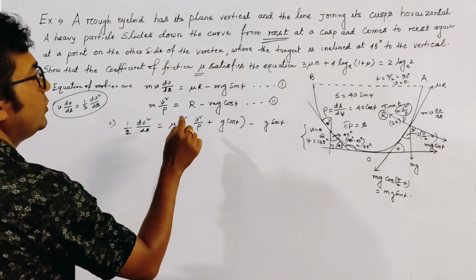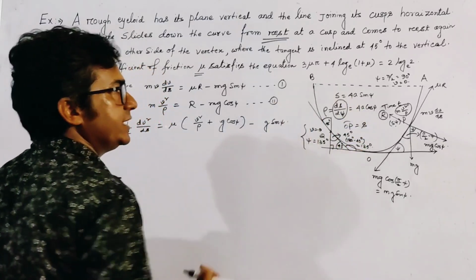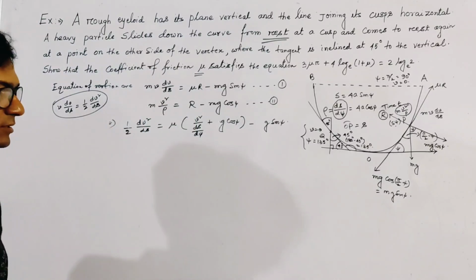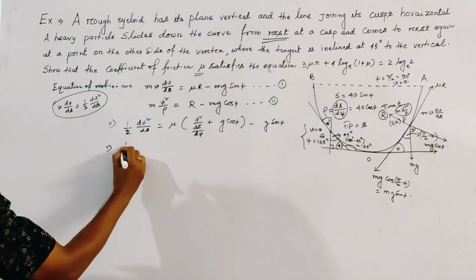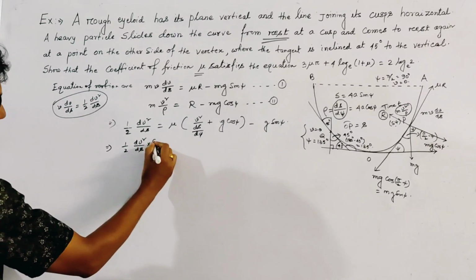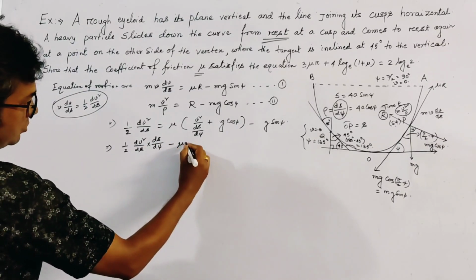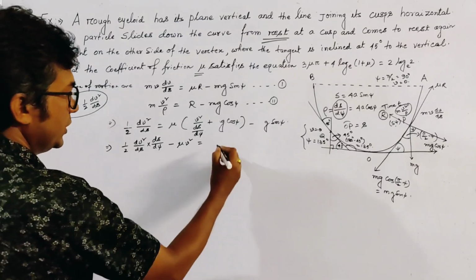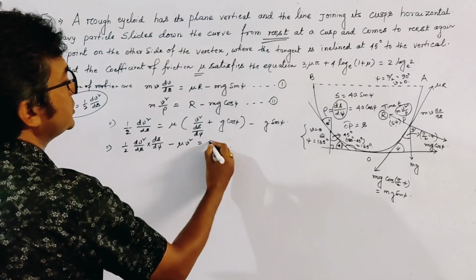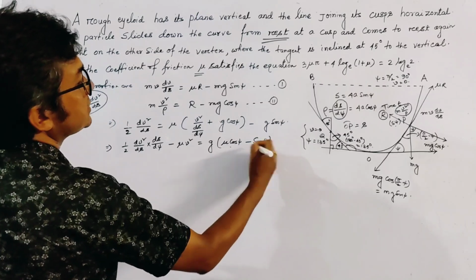Now here we put the value of rho. The value of rho means we first put ds by d psi. Now if we put ds by d psi here, we get the relation as half into dv square by ds into ds by d psi minus mu v square equal to mu into g, sorry, we take common g here, and this is mu into cos psi minus sin psi.